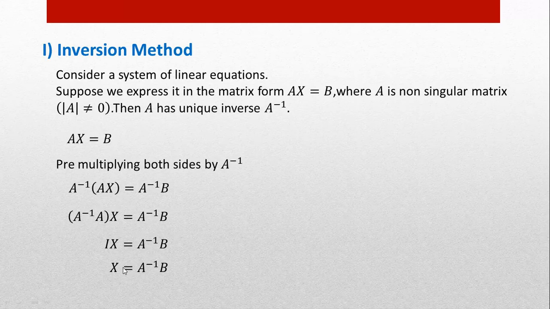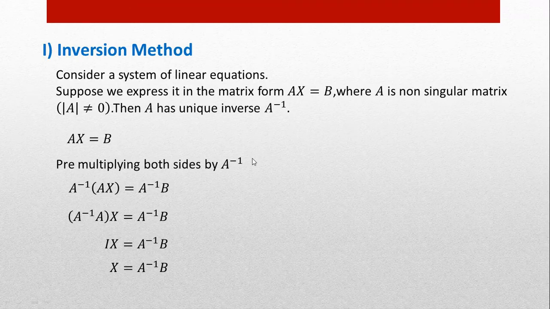So by this way you can solve the system of linear equations to get the values of two unknowns or three unknowns. So this is called the inversion method. Why is it called the inversion method? Because to get the values of unknowns we have to find the inverse of a matrix, and we know how to find the inverse of any square matrix which is non-singular.